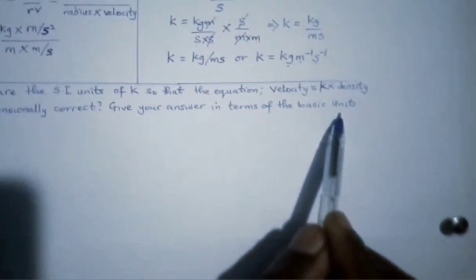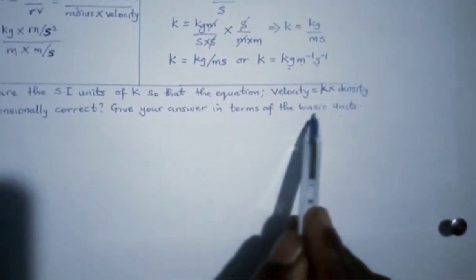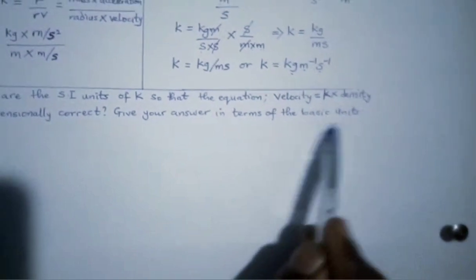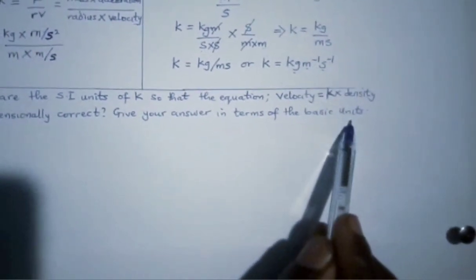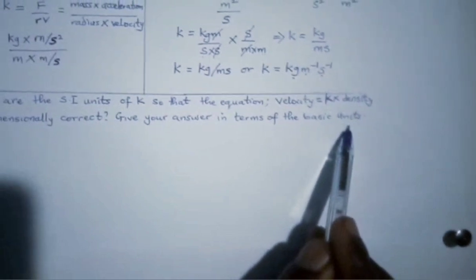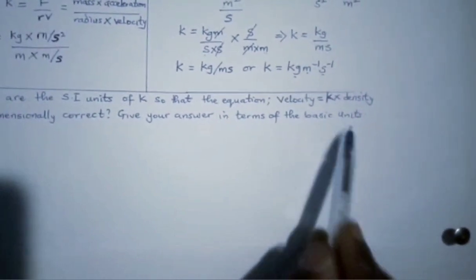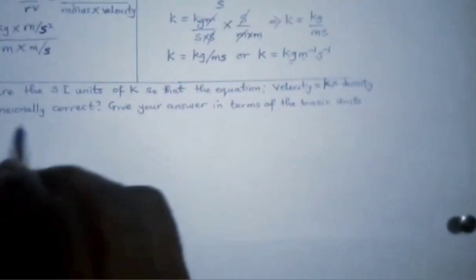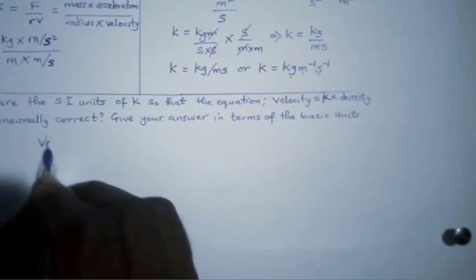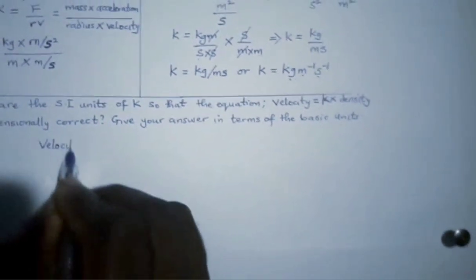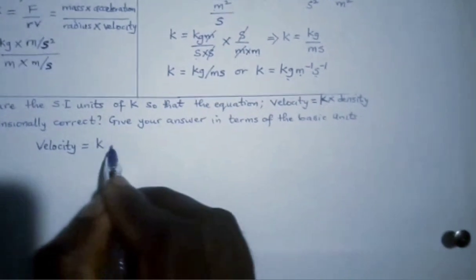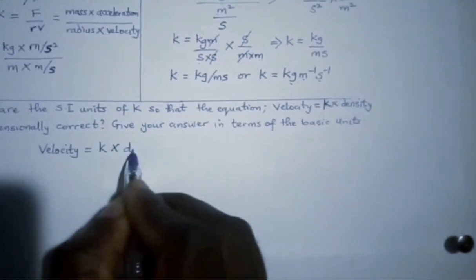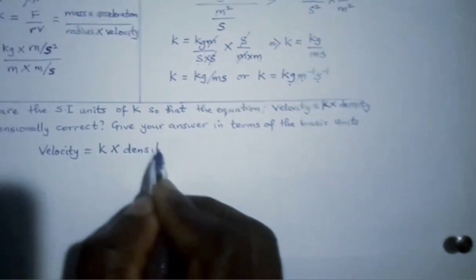Again, the instruction is it should be in base units, basic units, which is also referred to as fundamental units. And now you have velocity is equals to K times density.